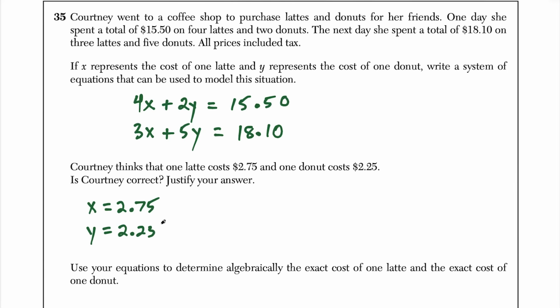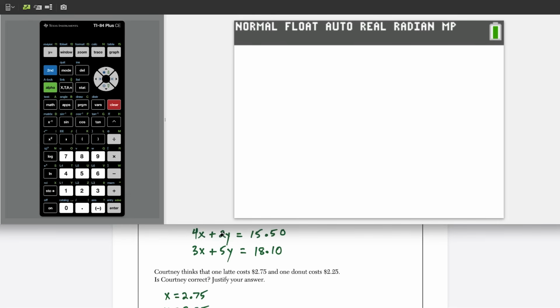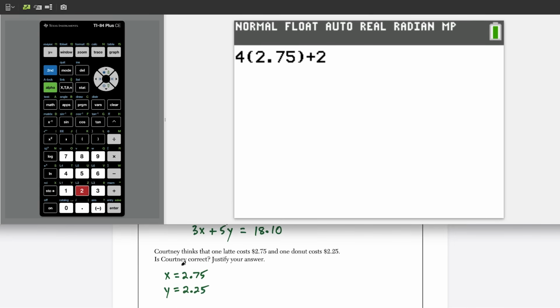But if it doesn't satisfy one of the equations, then Courtney is automatically incorrect. So we could just plug these values in and see. We have 4 times x, and Courtney is claiming that x is 2.75, plus 2 times the y value that she's claiming is 2.25. If we look here, it works out to 15.50.